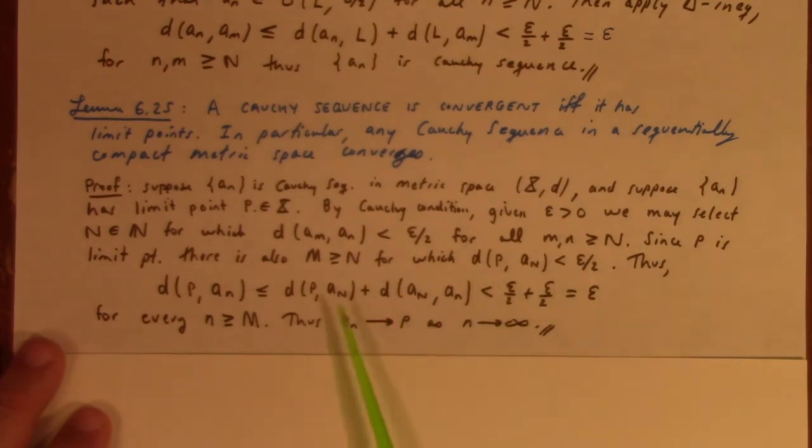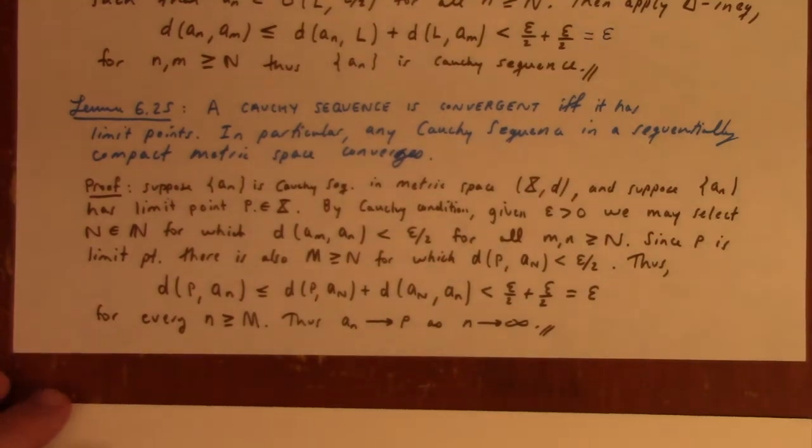So then apply the old triangle inequality to get the distance from p to a_n is less than this plus that, which by construction is epsilon over 2 and epsilon over 2, which of course is equal to epsilon for every n greater than M, which then proves that the sequence converges to p. So, yep, there's that. Just kind of neat.